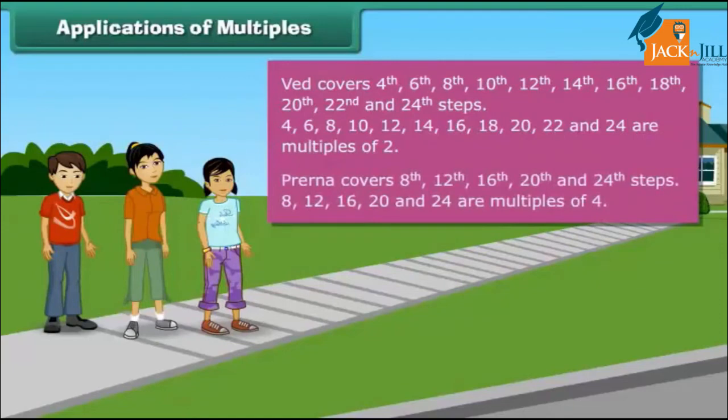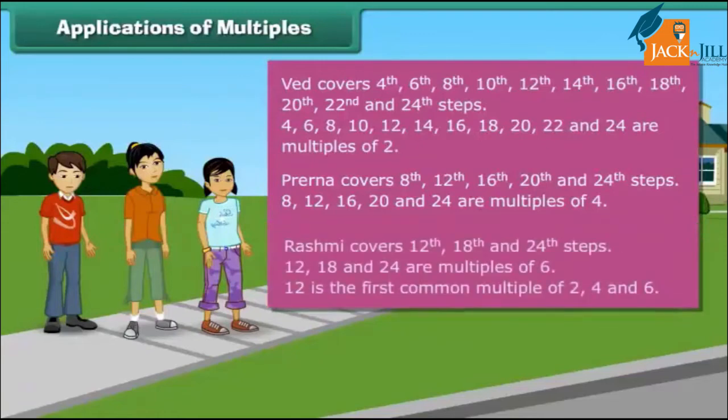Prerna covers the 8th, 12th, 16th, 20th, and 24th steps. 8, 12, 16, 20, and 24 are multiples of 4.